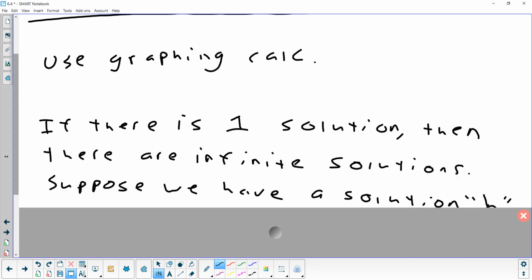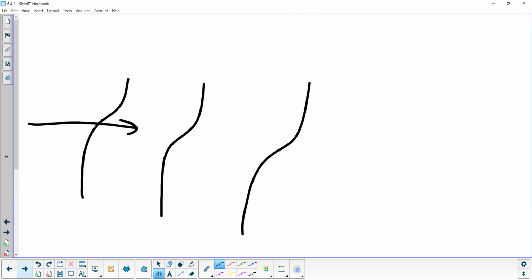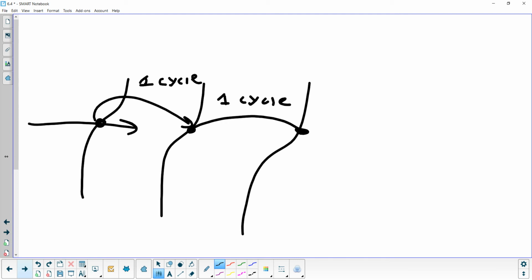So what that means is if you can find a single solution, then you have infinitely many. How often do the answers repeat? From here to here is one cycle. There's your next answer. One cycle. The answers are going to repeat every cycle.